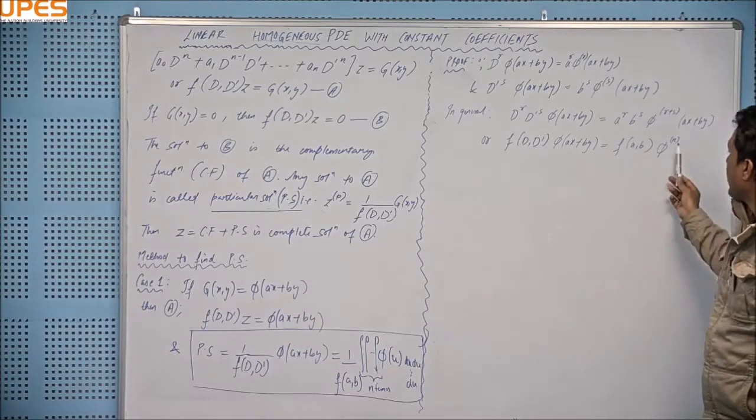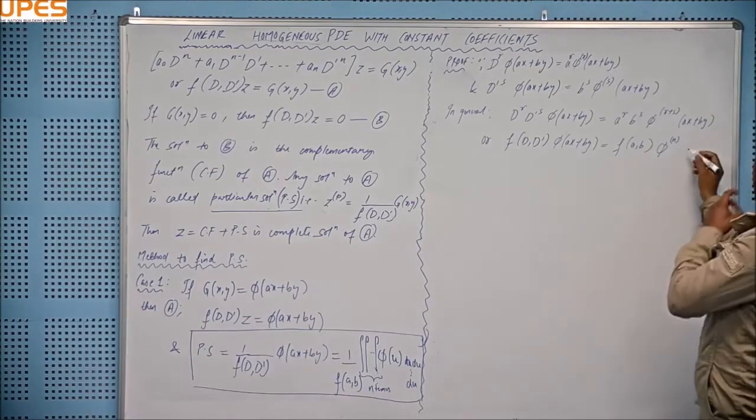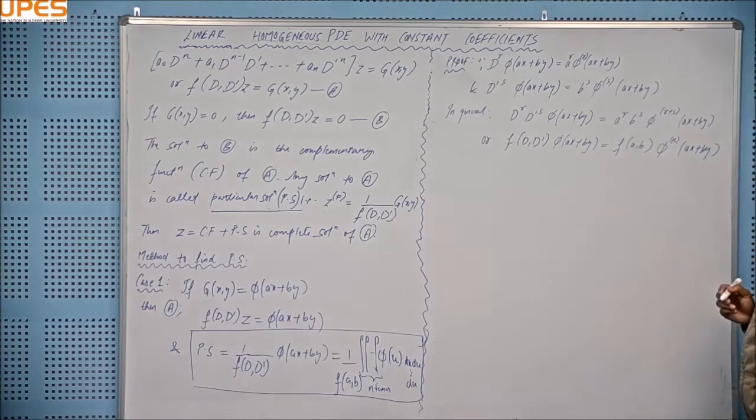That's why the nth derivative will appear on the right hand side, at ax + by. So this is what we get from this generalization.